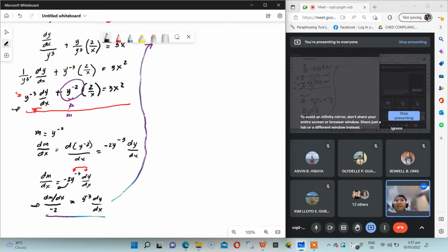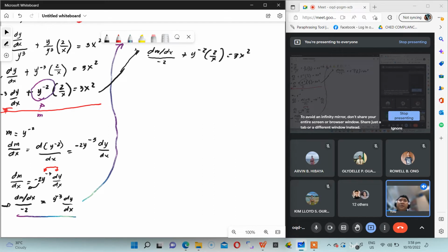Okay? So, since equal naman na sila, so, therefore, this one becomes dm over dx, sorry, divided by negative 2. Then, copy the remaining, plus y negative 2 times 2 over x equals 3x squared. Okay. From there, what will remain? We could simplify this one, di ba?